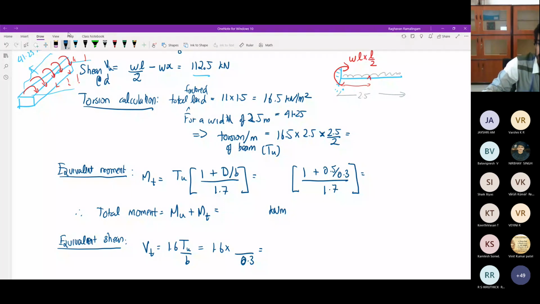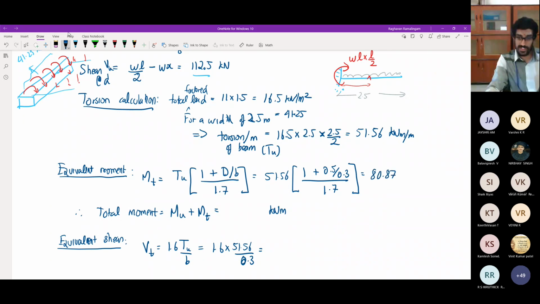So how much was this? 51.56. Okay, so this is 51.56 kilonewton meter per meter. And this will be 51.56 here. And you need to tell me what this is before I can get this. 80.87.